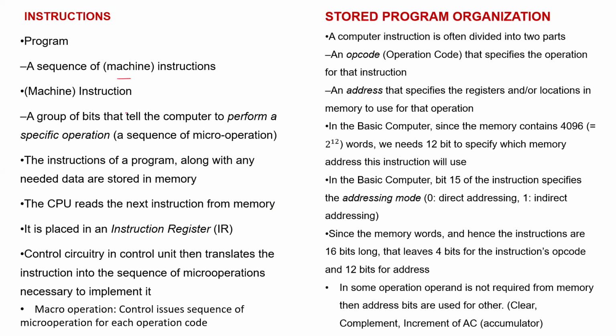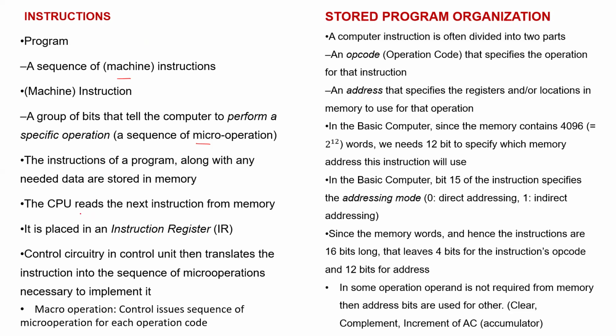A machine instruction has a group of bits that tells the computer which type of operation is to be performed, or tells about the sequence of micro operations, whether arithmetic, logic, or shift micro operations, which we have seen earlier. The program instructions, along with whatever data is required, are available either in the memory or in the data registers.